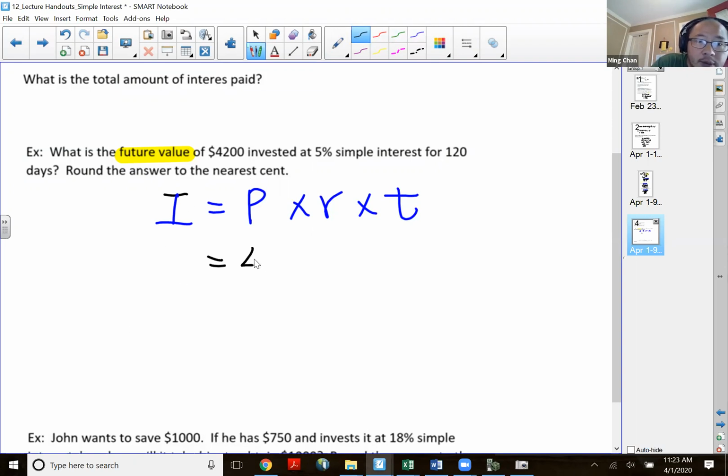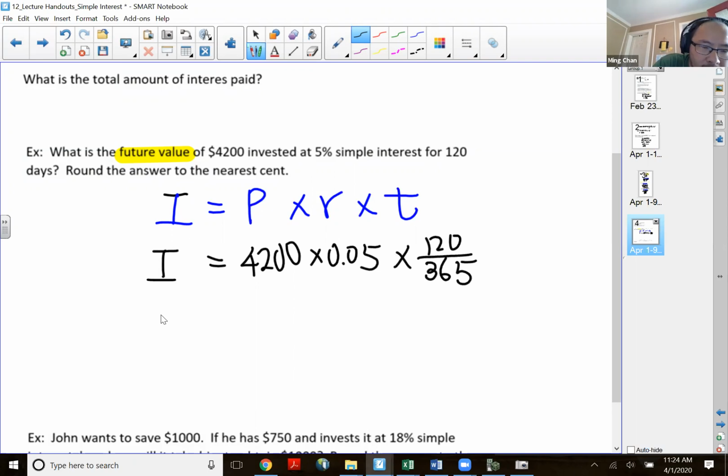So that's 4,200 times 0.05. Remember, time has to be in years, so that will be 120 days out of, let's use 365 days in a year. In the business world, there's only 360, but let's just use 365.